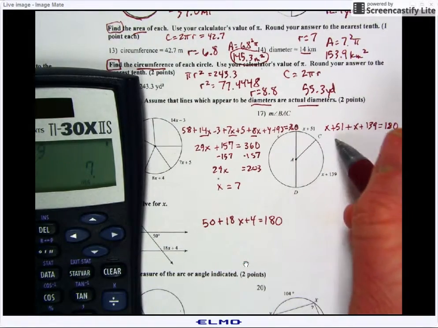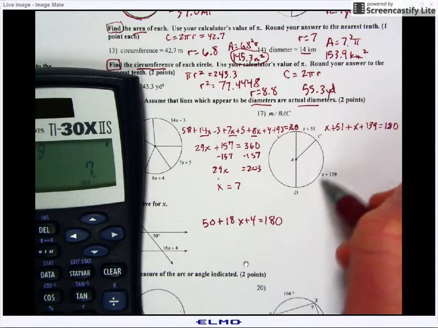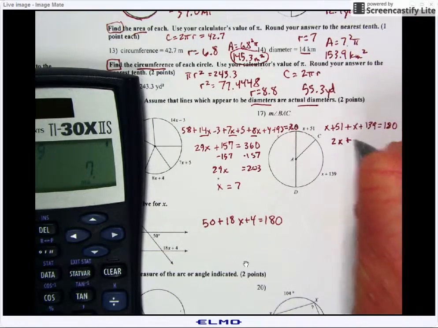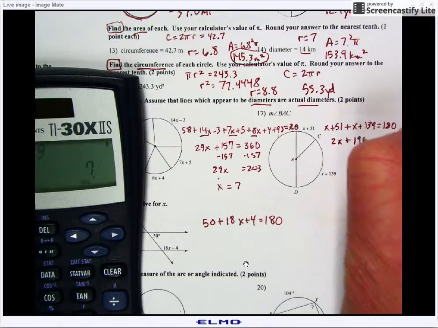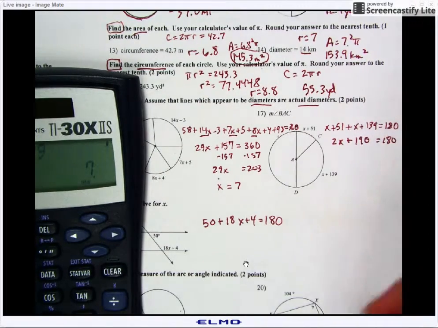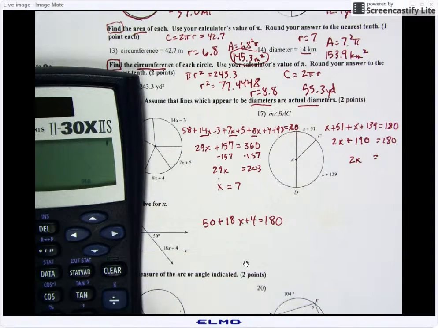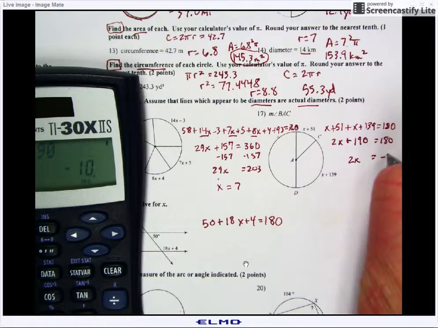And for this one, I have 2 arcs that add up to 180. So I set them equal to 180. 2x plus 190 equals 180. 180 minus 190 is negative 10. Don't get sloppy.